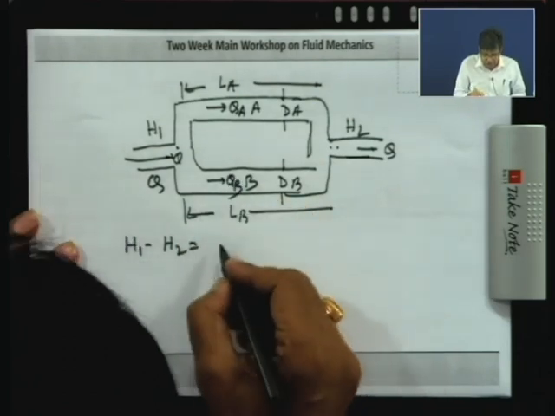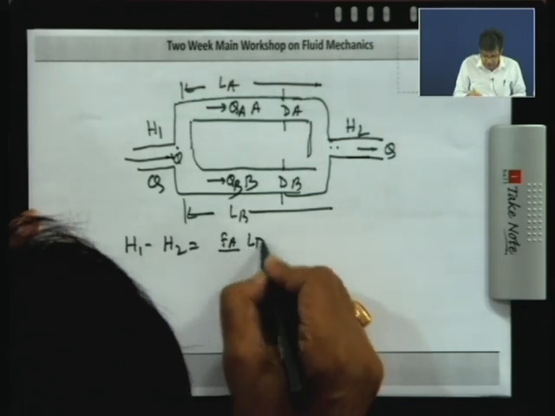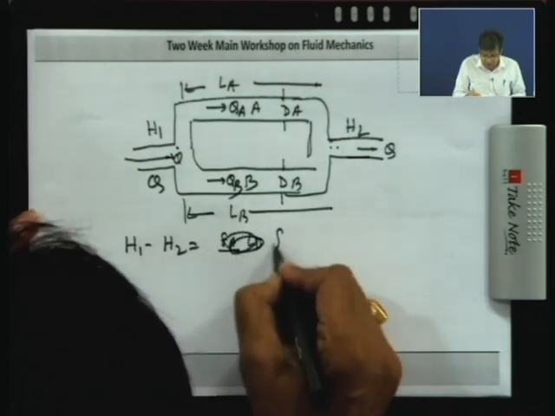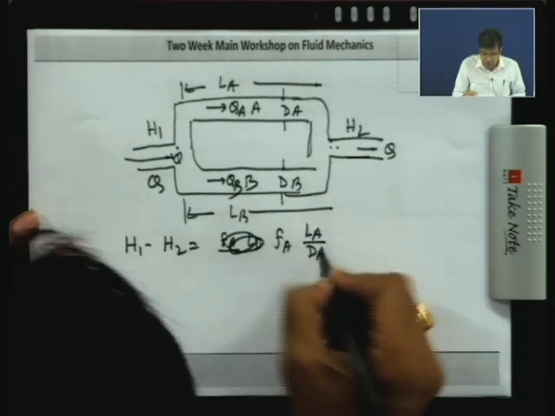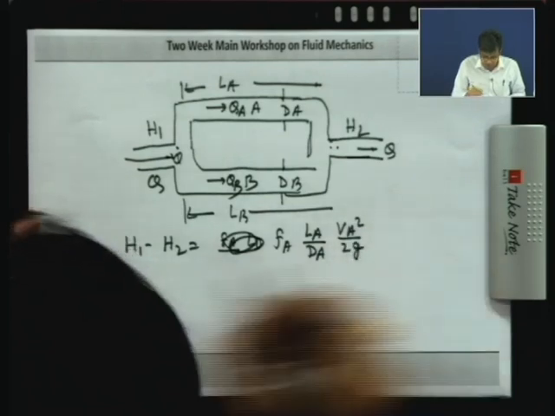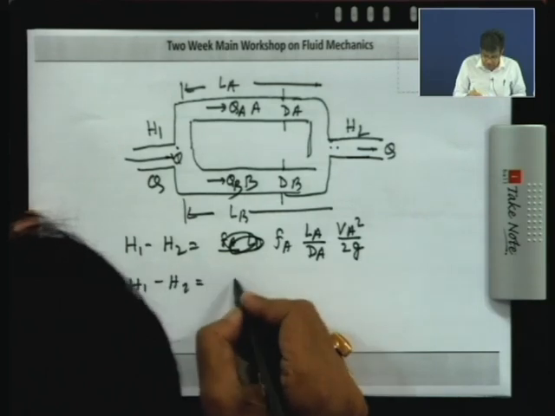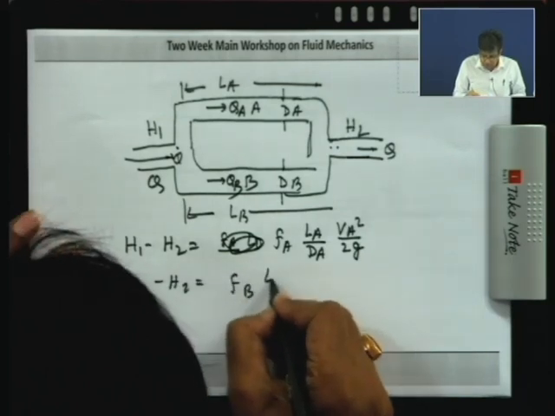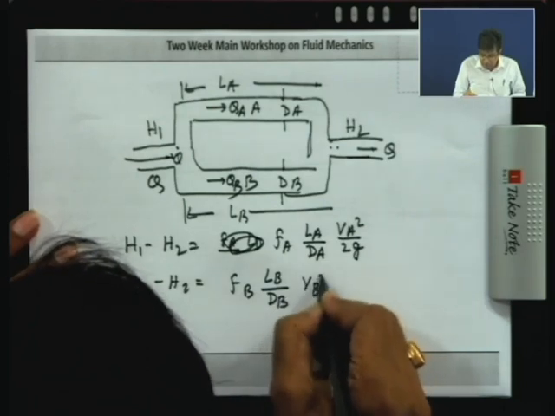Then H1 minus H2 for pipe A is FA LA by DA into VA square by 2G, and H1 minus H2 is FB LB by DB into VB square by 2G.